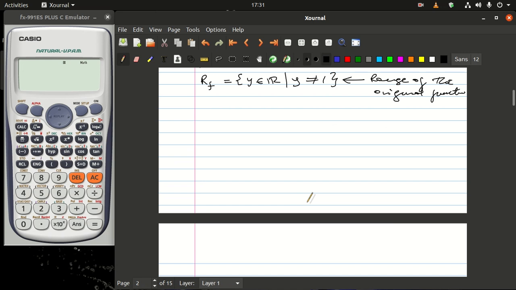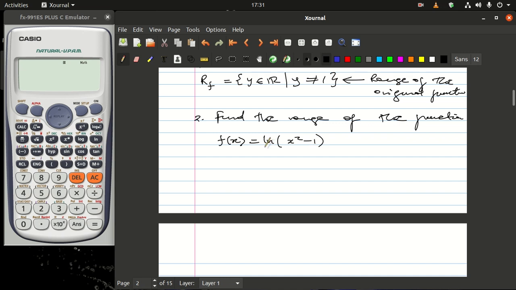Let's actually look at another example again. And this example, I'm going to call it number 2. Number 2 is saying that find the range of the function f of x is equal to natural log of x squared minus 1.